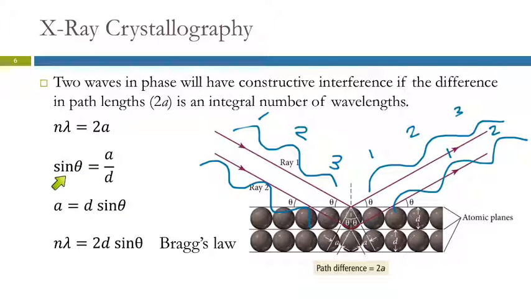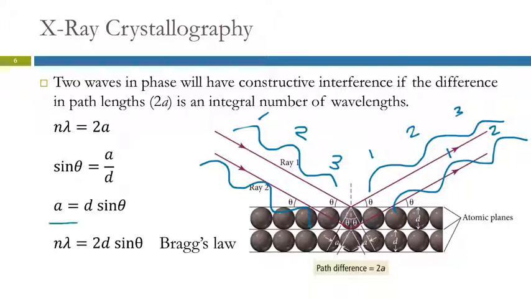And so you take the sine of theta, and that's going to be a over d. So the sine of theta is a divided by d, and then a will equal d sine theta. So now we've got a, and we plug that in here, times 2, and lambda equals 2d sine theta. And this is known as Bragg's law.